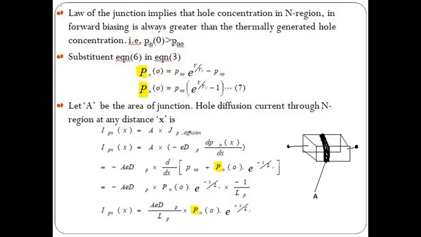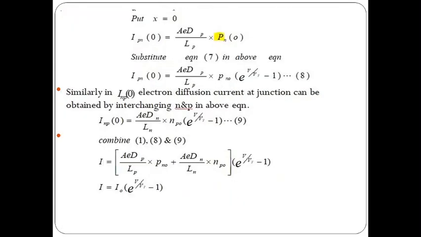Clear? So we are finding the hole diffusion current at x equals 0. Put x equals 0, Ipn of 0 equals AE dP by Lp into Pn of 0. Substitute equation 7 in the above equation, that becomes Ipn of 0 equals AE dP by Lp into Pn of 0 into e power V by Vt minus 1.